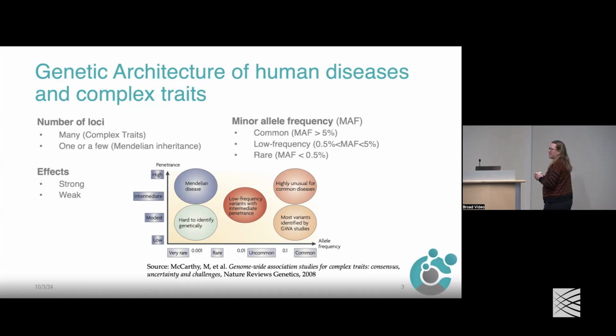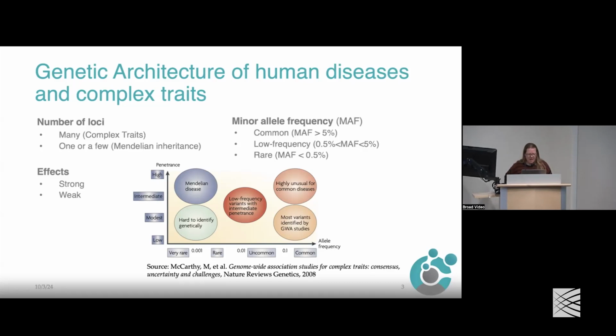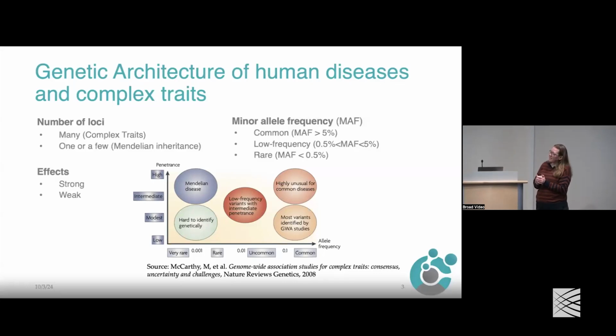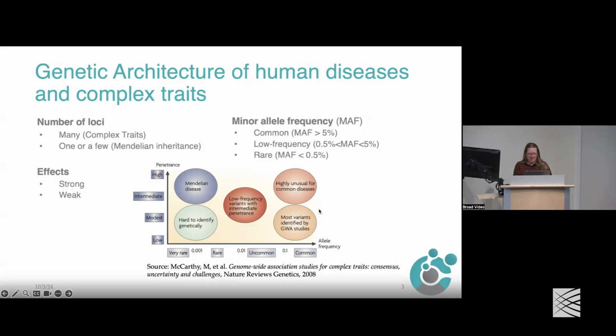This graphic is from a 2008 review in Nature Reviews Genetics that showcases that when you have a very rare variant with high penetrance, those are the type of variants that are studied in rare disease genetics, whereas in genome-wide association studies, most of the variants that are discovered are common frequency and low effect.